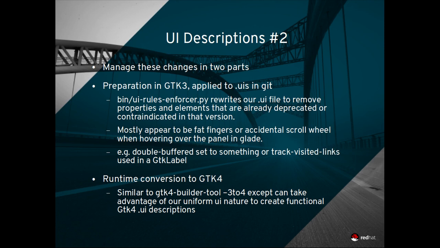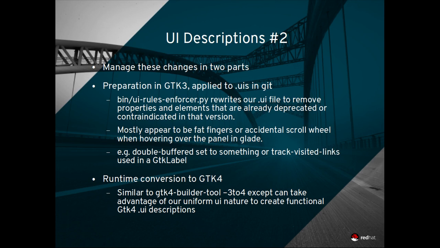Dynamically then, when we take these GTK3 UI files at runtime, we convert them to the GTK4 equivalent properties and layout. This is conceptually similar to the GTK4 builder tool that comes with GTK4, except that the builder tool will only give you a template from which you have to make your final changes manually.